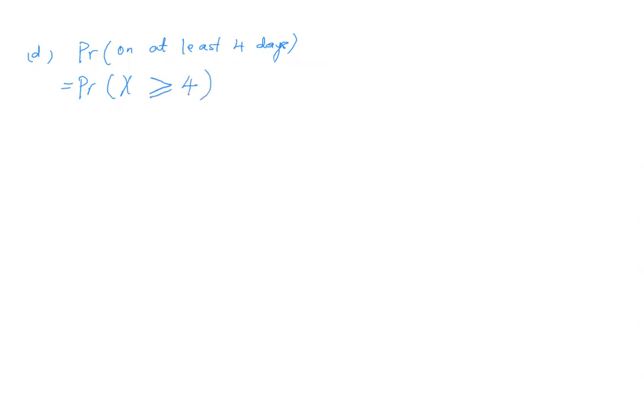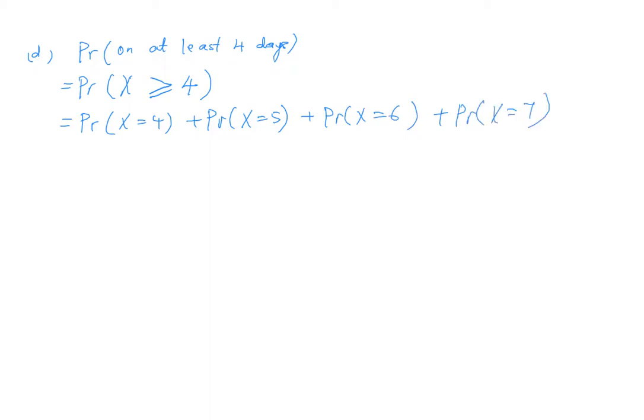Because it's discrete, that means P(X equal to 4) plus P(X equal to 5) plus P(X equal to 6) plus P(X equal to 7). So I use binom PDF 4 times.